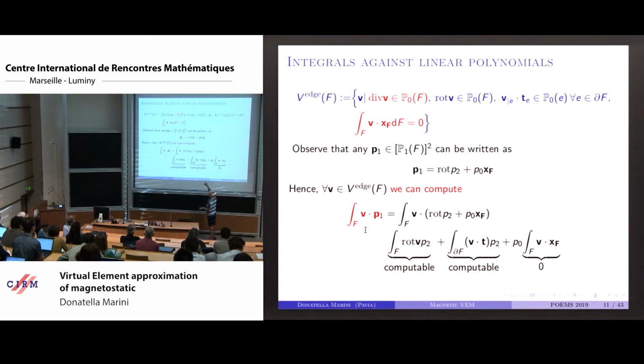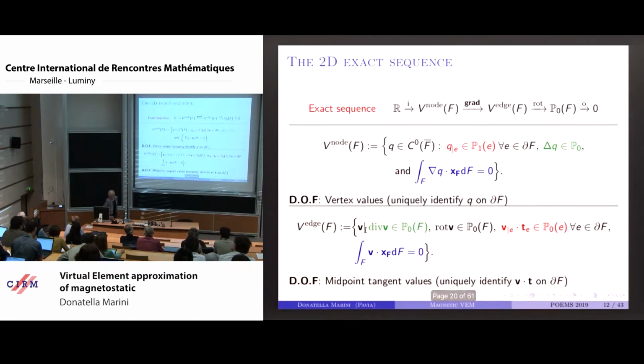The second is also computable because v of t is constant. And this one is 0, okay, because it's imposed. Okay, so a summary. We can prove, I'm not going to prove it here, that this sequence, V node, V edge, P0, is exact.